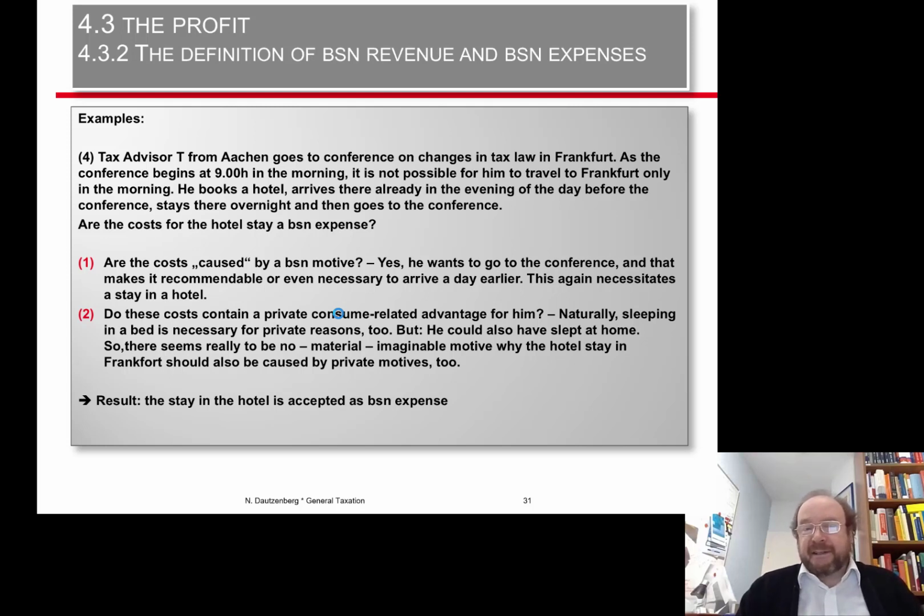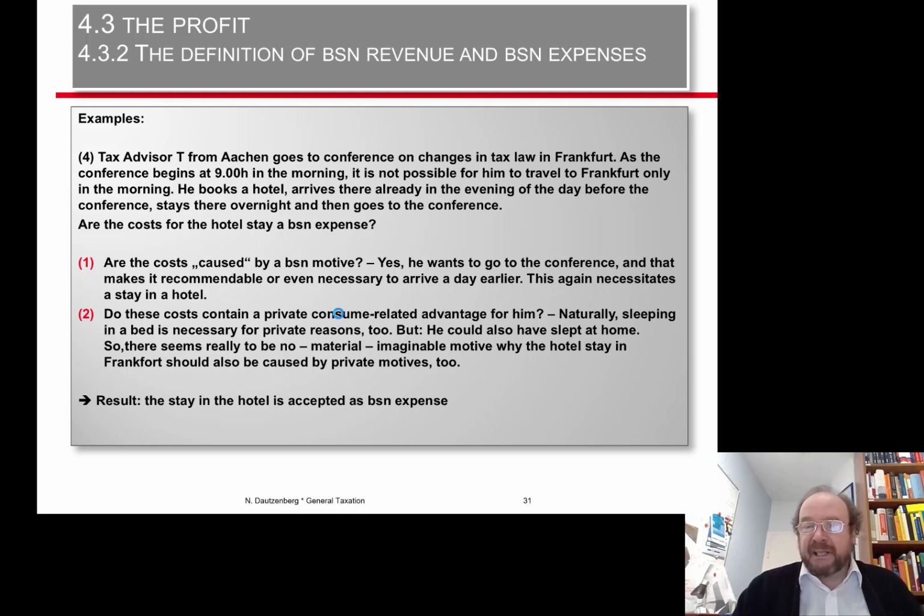Now on the other hand, the guy also had a bed at home. So let's pose the question differently. Is there any private advantage in staying this night not at home but at Frankfurt? And the answer then is clearly no. It does not bring a material additional advantage to have a bed in Frankfurt for a night over having a bed in Aachen where you live.